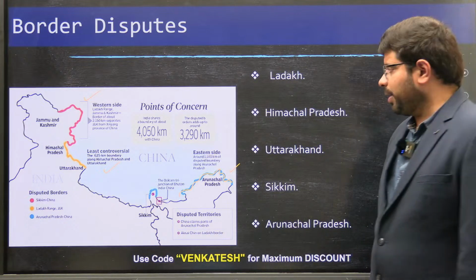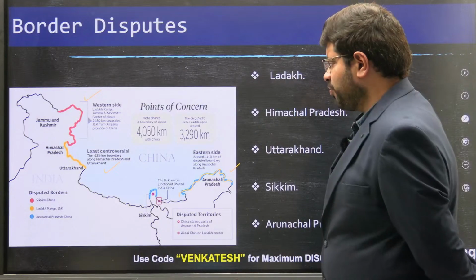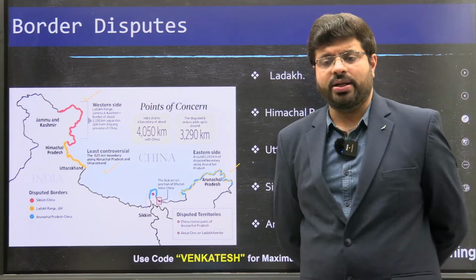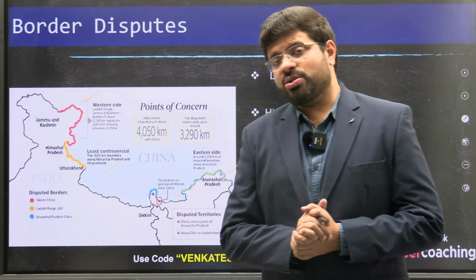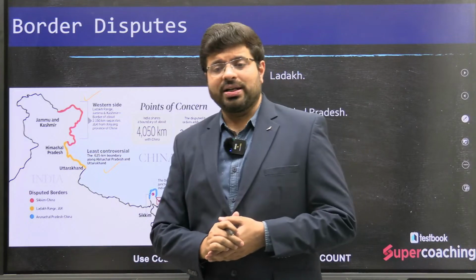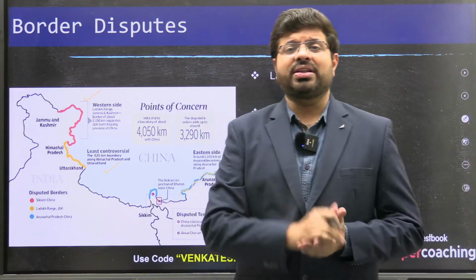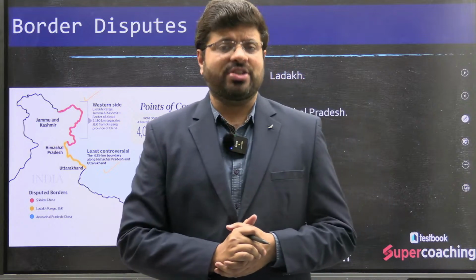Right. When you see the points of concern with respect to the conflict between India and China, there is the issue of the rugged terrain of the Himalayas. Locating the boundary within the dynamic topography of the Himalayas is in itself a challenge.